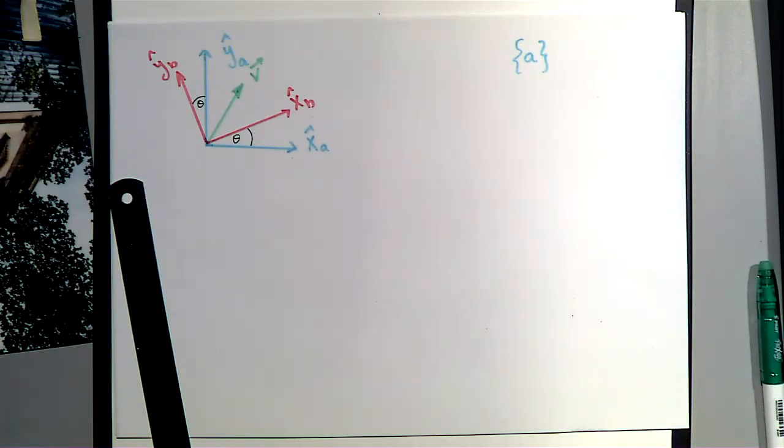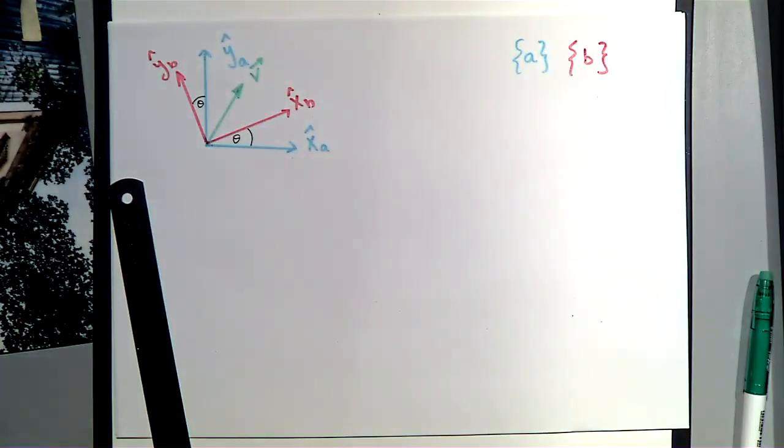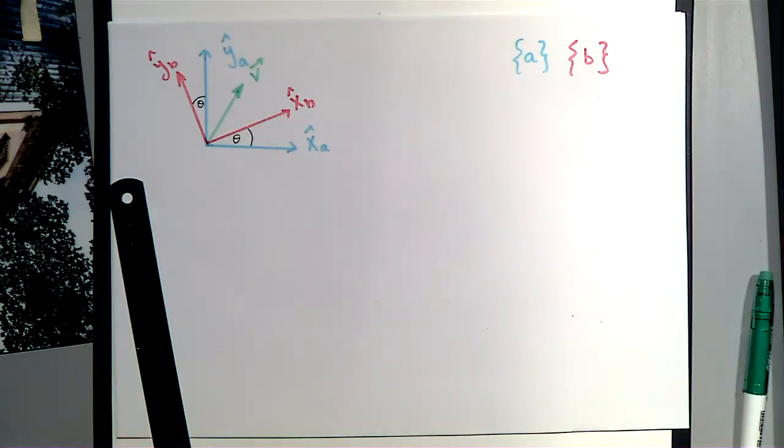And what we can do is represent this general vector V. I should also add here another coordinate system B. We can represent this vector V either in frame A or in frame B, right?